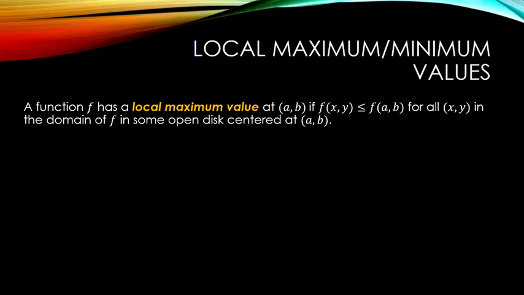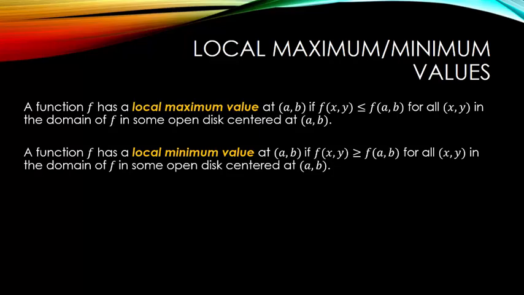The local maximum value of a function f at the point (a, b) occurs when f(x, y) is less than or equal to f(a, b) for all (x, y) in the domain of f in some open disk centered at the point (a, b). A function f will have a local minimum at the point (a, b) if f(x, y) is greater than or equal to f(a, b) for all (x, y) in the domain of f in some open disk centered at the point (a, b).